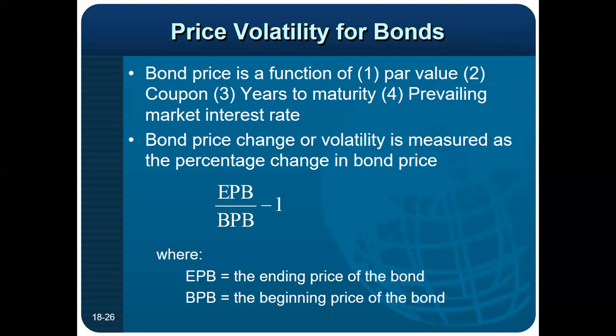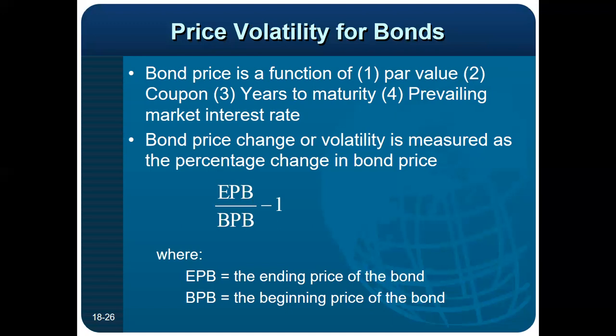Okay. Bond price change or volatility is measured as a percentage change in the bond price. So how to calculate it? It is EPB divided by BPB minus 1. It's not PBB, it's BPB. So what is EPB? EPB is the ending price of the bond.